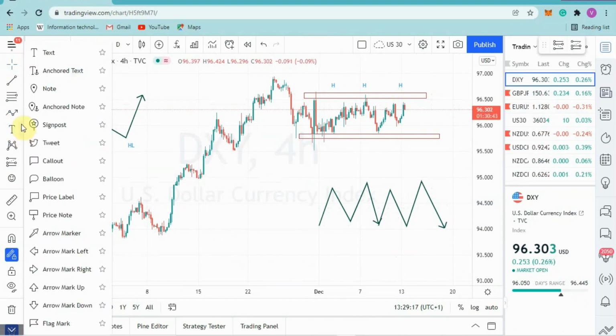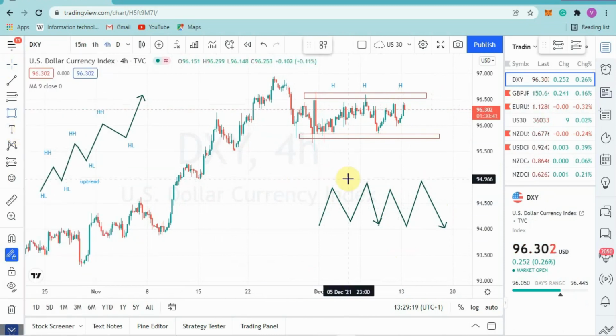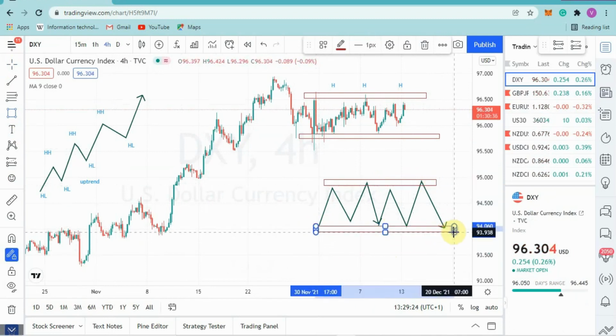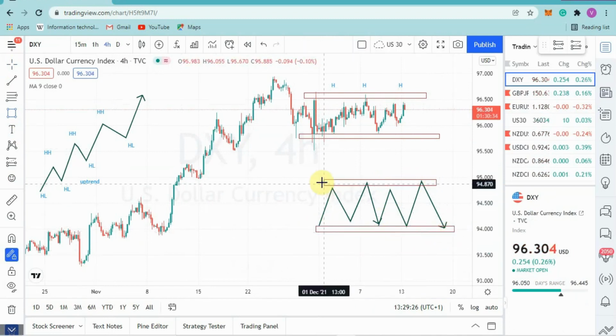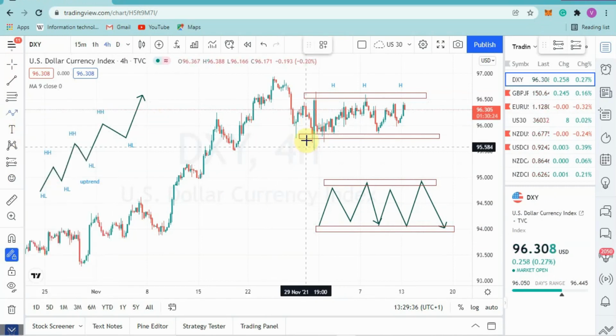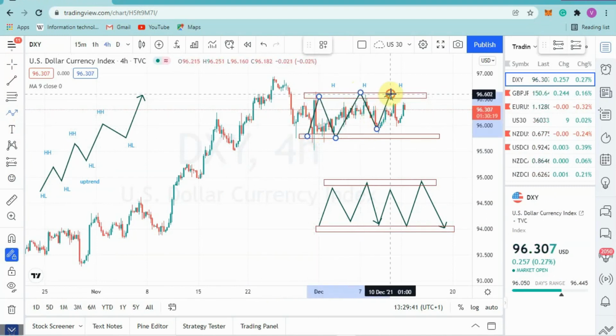Most of the time you can highlight these market structures with a single rectangle up and a single rectangle down. So this is a ranging structure, and these are all the highs and the lows. We have these marked out right in front of me. This is a ranging market structure, which I'll highlight: the high, the low, the high, the low, the high, the low. So no really clear direction.